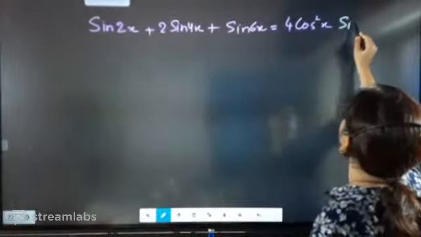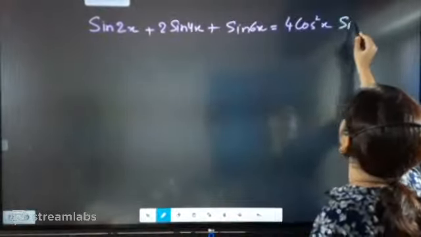Then beta, 2 sine 4x is there. We must write what we have used here. We will say the sine A plus sine B formula is used, that is 2 sine (A plus B) by 2 into cos (A minus B) by 2. So this formula we have used.